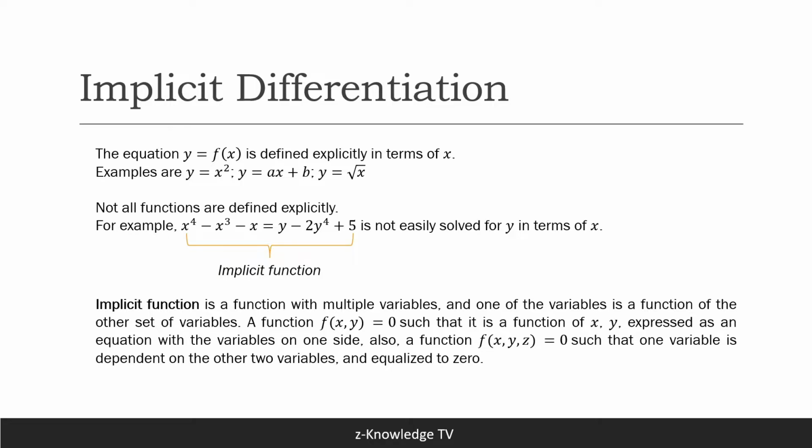A function f of x and y is equal to 0 such that it is a function of xy expressed as an equation with the variables on one side. Also, a function f of x, y, and z is equal to 0 such that one variable is dependent on the other two variables and equalized to 0.